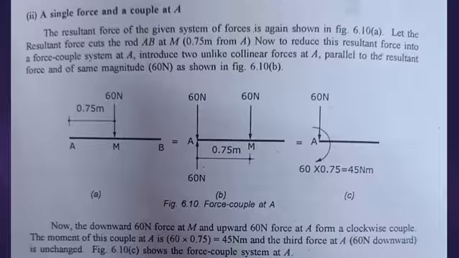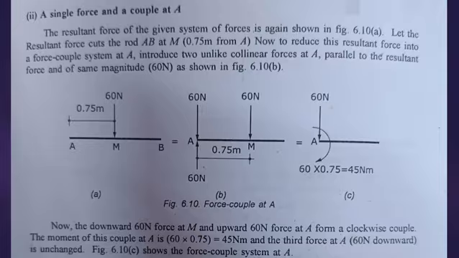At a distance 0.75 meter, we already have a resultant force 60 Newton. Then we are going to convert it as a couple moment.